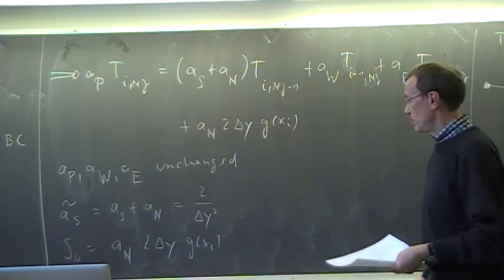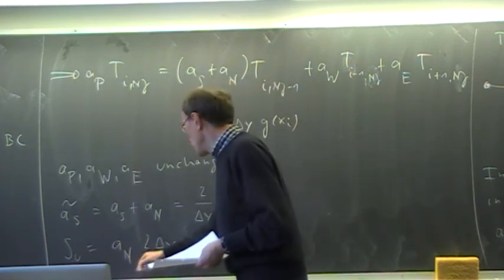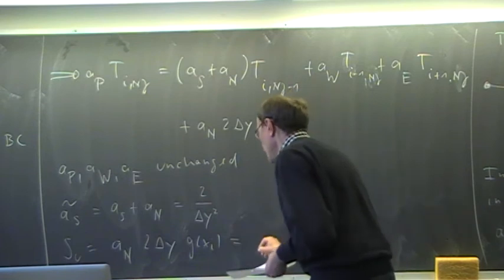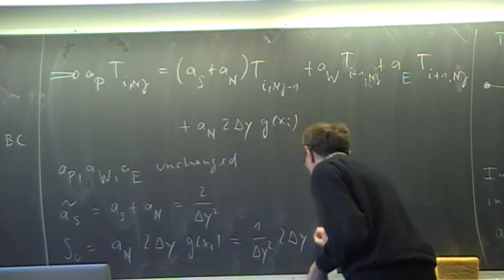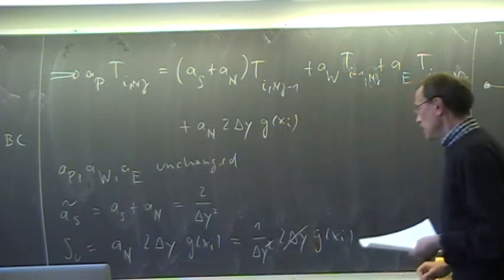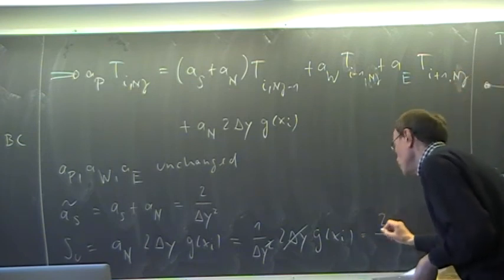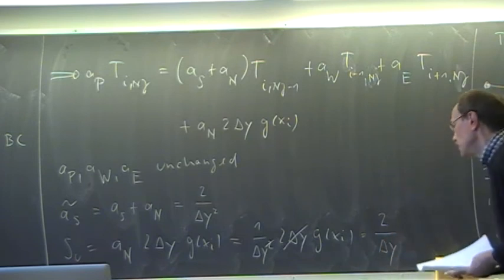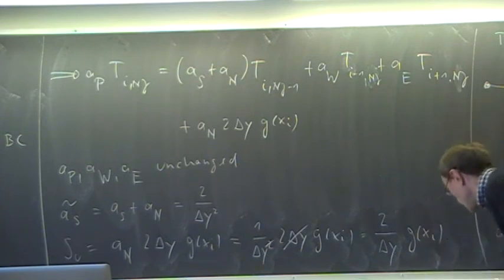If we do the whole computation, this would be 1 over delta y squared, so you can get rid of one delta y, and we get 2 over delta y g of xi. So then we have established the coefficients.